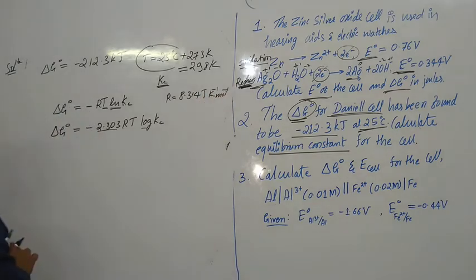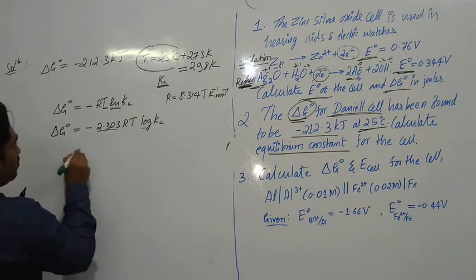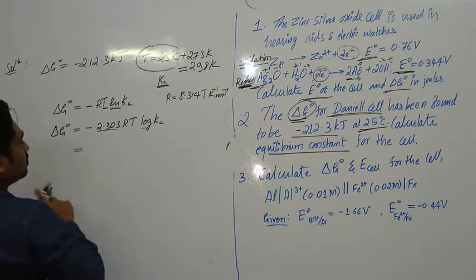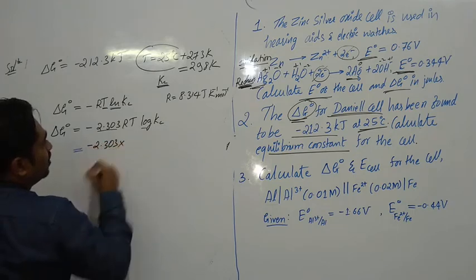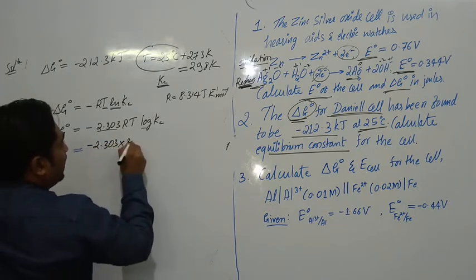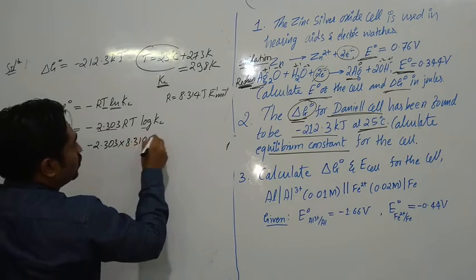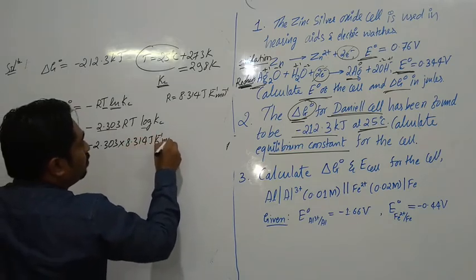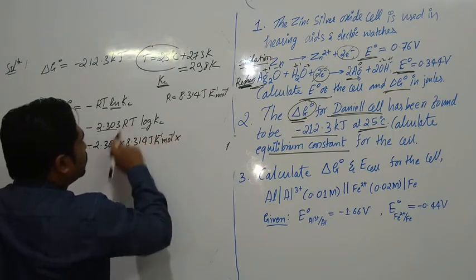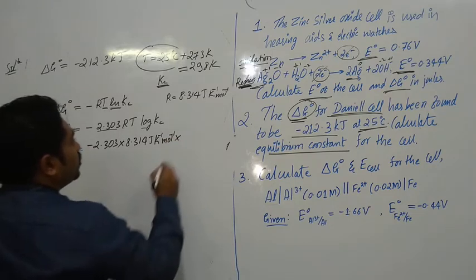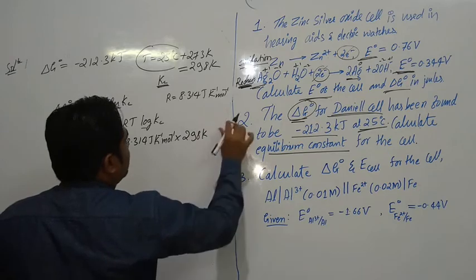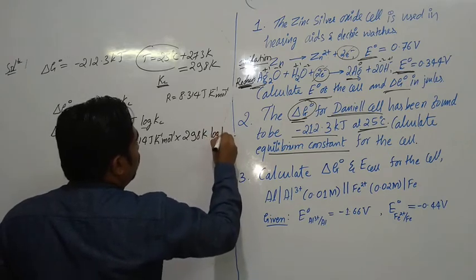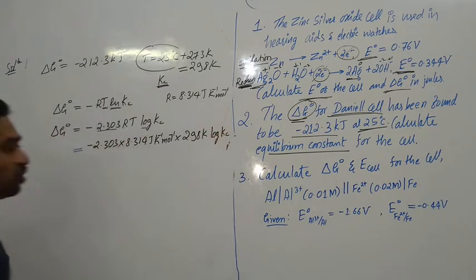So minus 2.303 into 8.314 joules per Kelvin per mole into temperature, 298 Kelvin, into log of Kc.